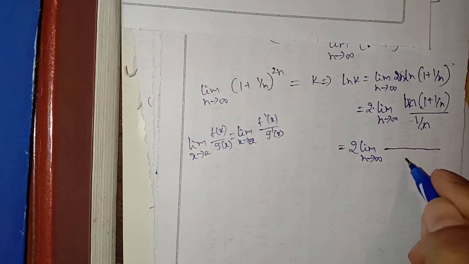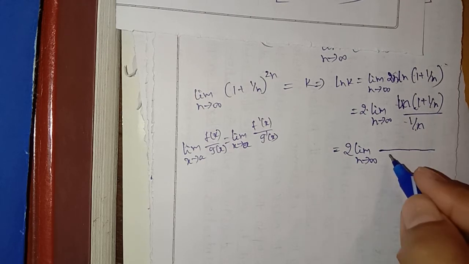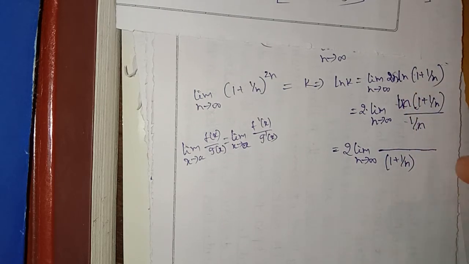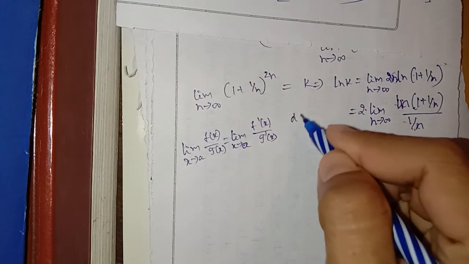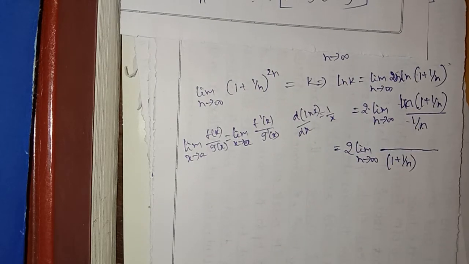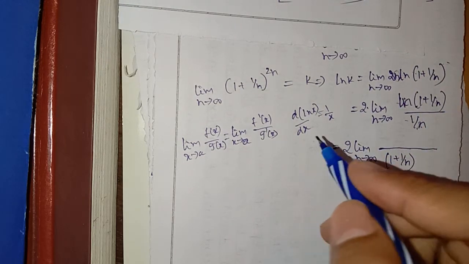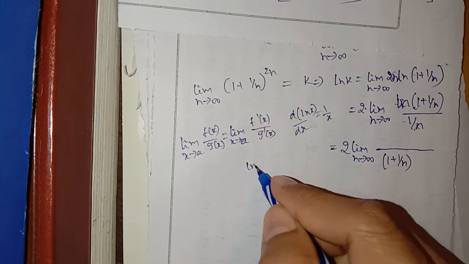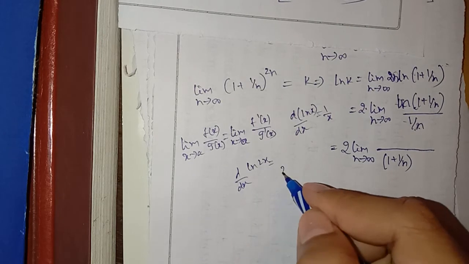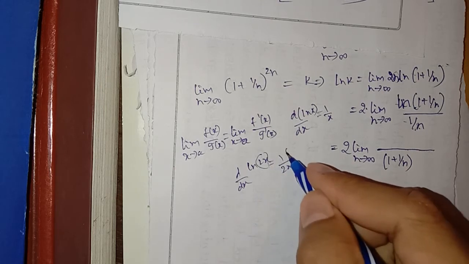Then what is the differentiation of ln(1 + 1/n)? That is the reciprocal of 1 + 1/n, since the differentiation of ln x with respect to x is 1/x. Similarly, for the differentiation of ln(2x), we do 1/(2x) times the differentiation of 2x, that is 2.